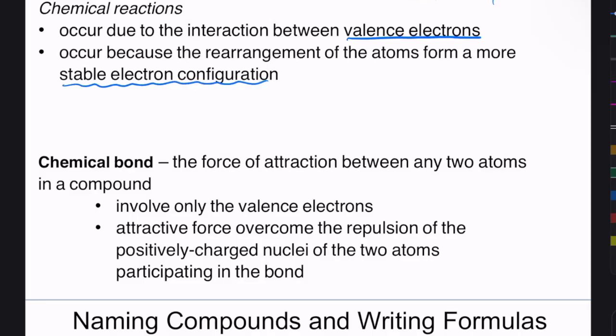It's all about stability in the end. We're trying to get most stable. And those valence electrons are either going to be lost or gained, or as we'll see soon enough, they'll be shared to give us a more stable configuration in the products.